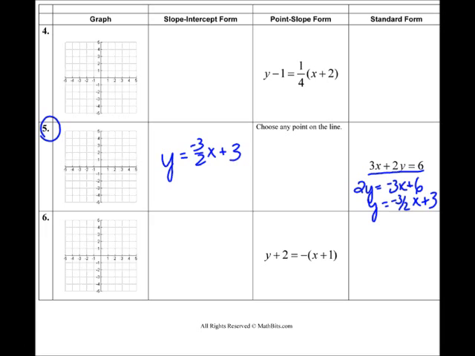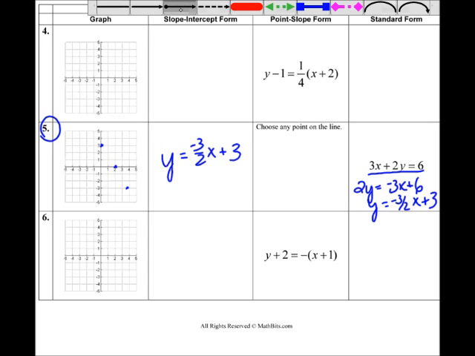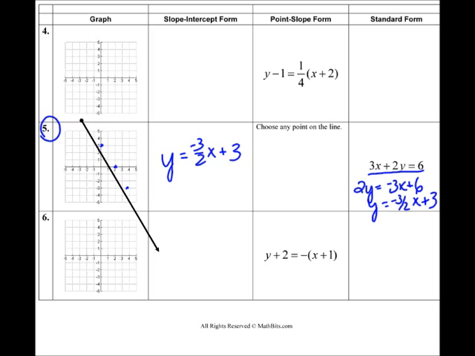And I can go ahead and plot that. So I would plot my y-intercept, and then I would plot some points. Okay, my slope is negative 3, 2. And then I would just draw a line there. Okay, so that's what the examples, they give you the lines, so they want you to plot them.